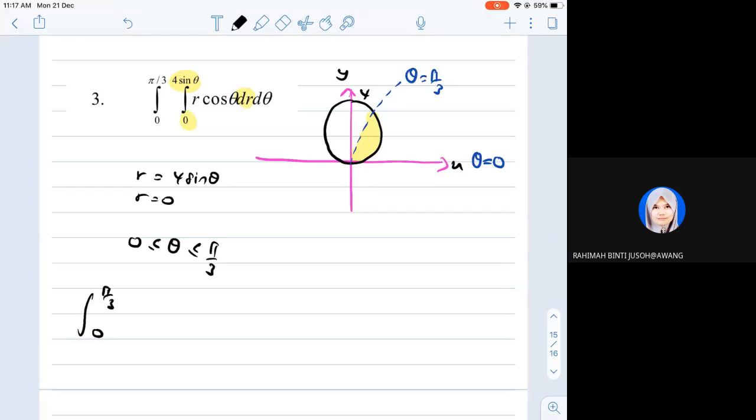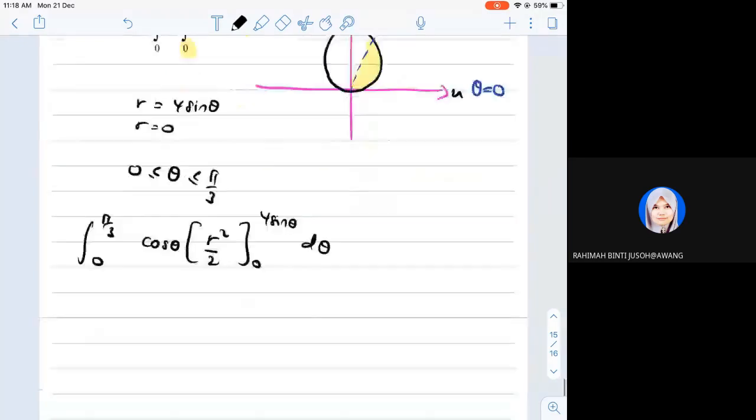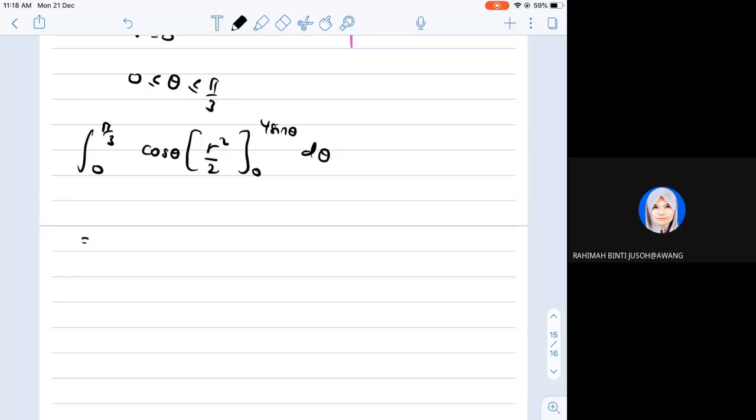Of course, R just cos theta is just a constant, so we can take out cos theta. So you integrate R squared over 2. Substitute 0 and 4 sine theta, d theta. So from 0 until pi over 3, 1 over 2 taken out, cos theta, substitute 4 squared, 16 sine squared theta minus 0, of course, d theta.